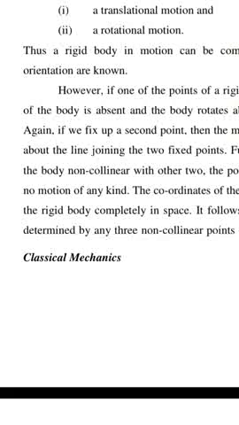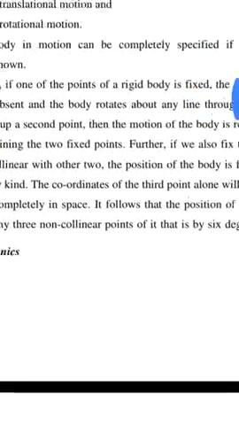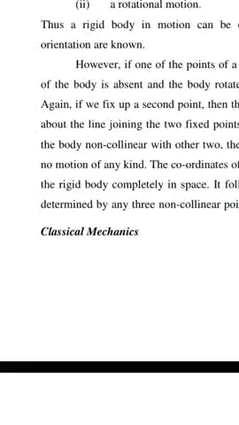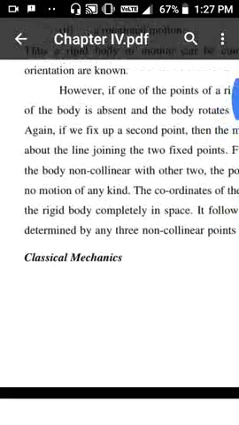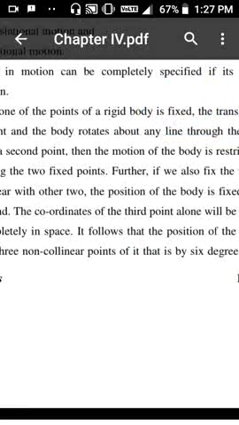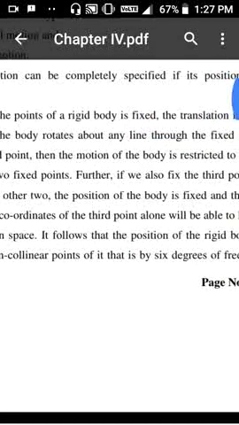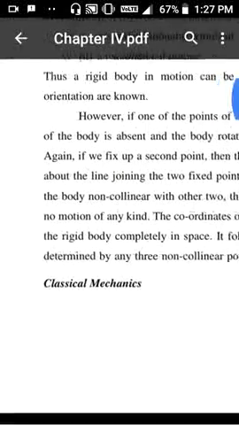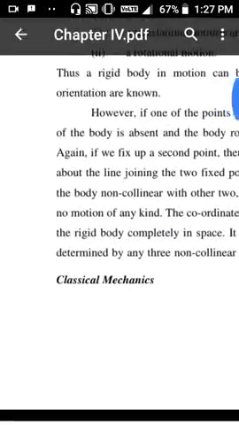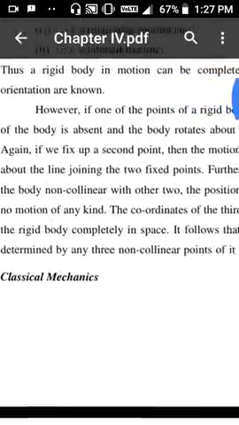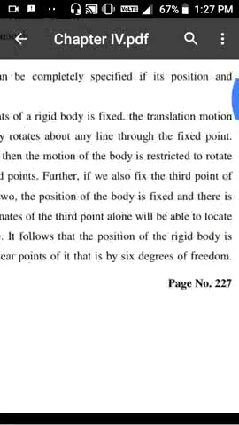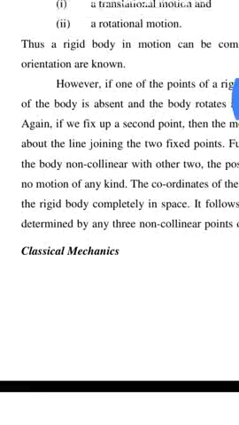Thus, a rigid body in motion can be completely specified if its position and orientation are known. However, if one of the points of a rigid body is fixed, the translational motion of the body is absent and the body rotates about any line through the fixed point.